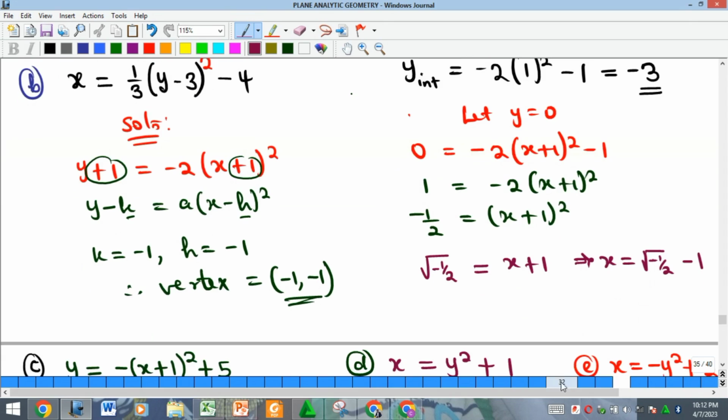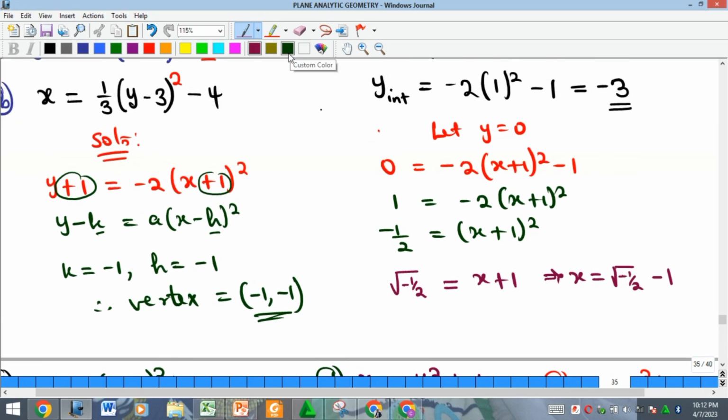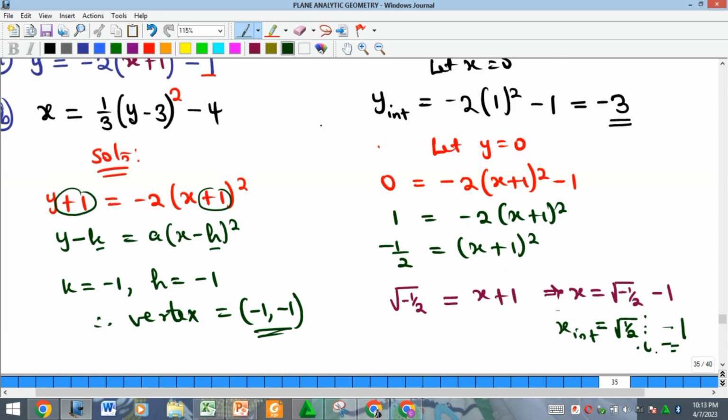So the x-intercept, if I put this in complex number form, the square root of minus 1 will become i. So I'm going to have the square root of half, then i behind it, then minus 1. And that is my x-intercept, as required.